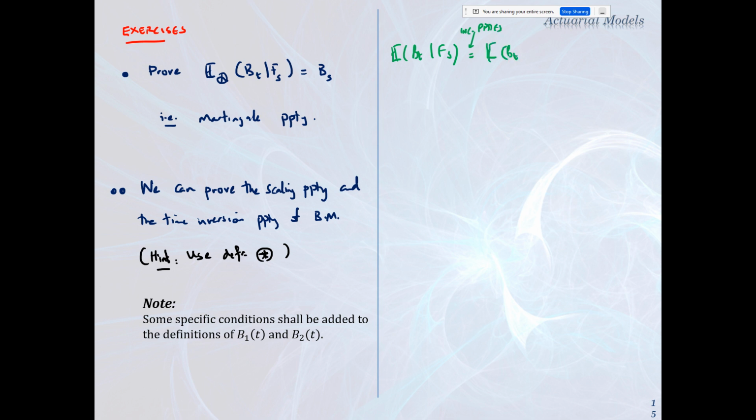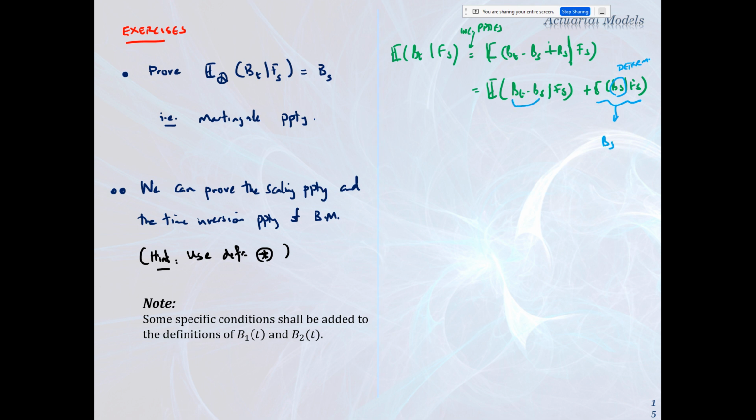So I write it like this, as always, given F_s: it is the expectation of (B_t minus B_s) given F_s plus the expectation of B_s given F_s. Now, we are at s. We know all the information up to and including s. So B_s is no more stochastic, it is deterministic here. You can put it outside, it becomes B_s itself.